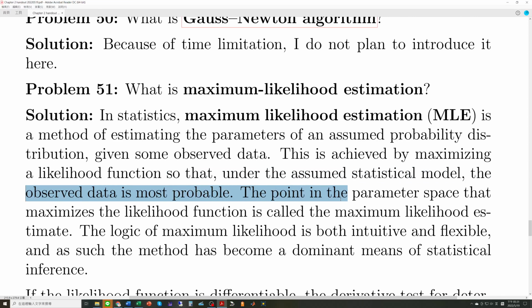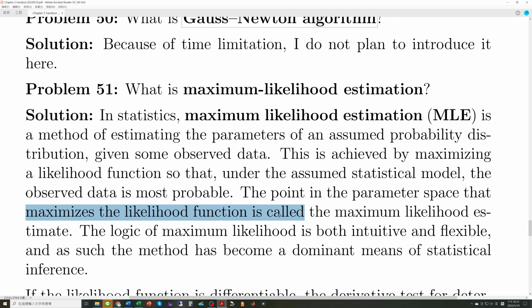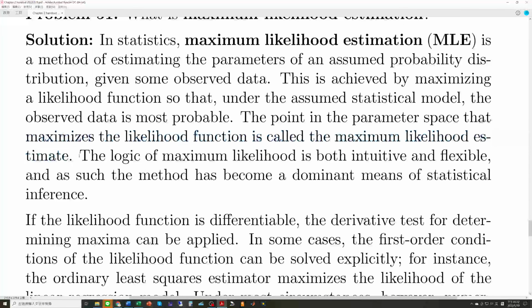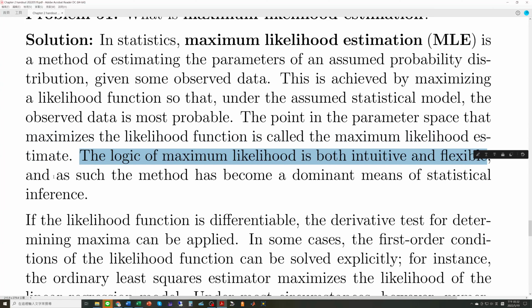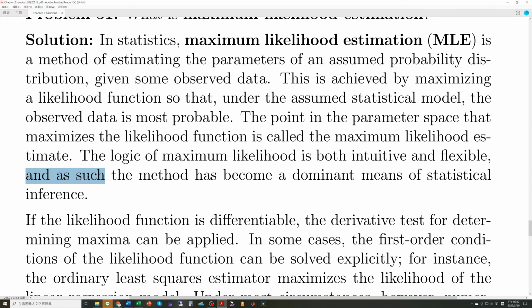The point in the parameter space that maximizes the likelihood function is called the maximum likelihood estimate. The logic of maximum likelihood is both intuitive and flexible, and as such the method has become a dominant means of statistical inference.